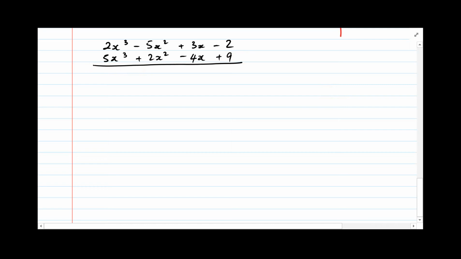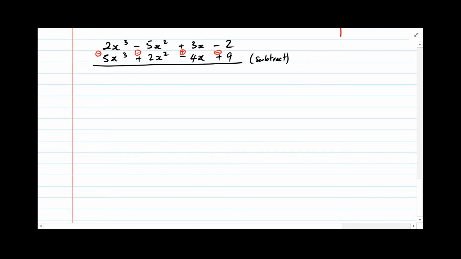And if I say to you that I want to subtract the lower polynomial from the one above it, then let's just look at the sign changes that I would have. This would really be a minus, minus, this is a plus, and this is a minus in front of the 9.